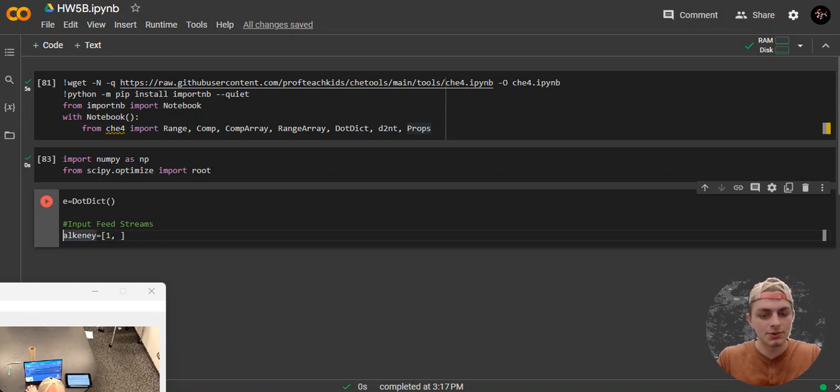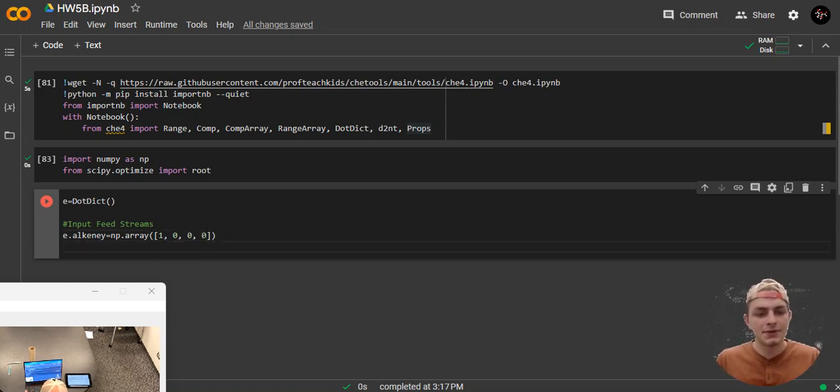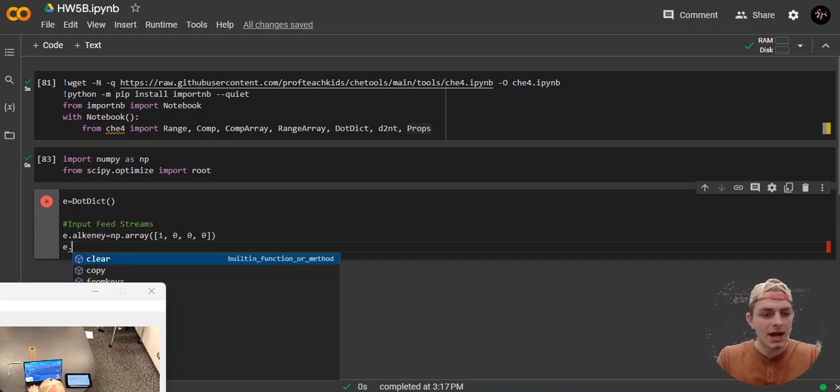So I'm going to reference this as our dot dictionary, and we are going to pull an array here. We have 1 mole of, or all of this stream, we were told it was pure propylene, which means it's going to be all alkene there.